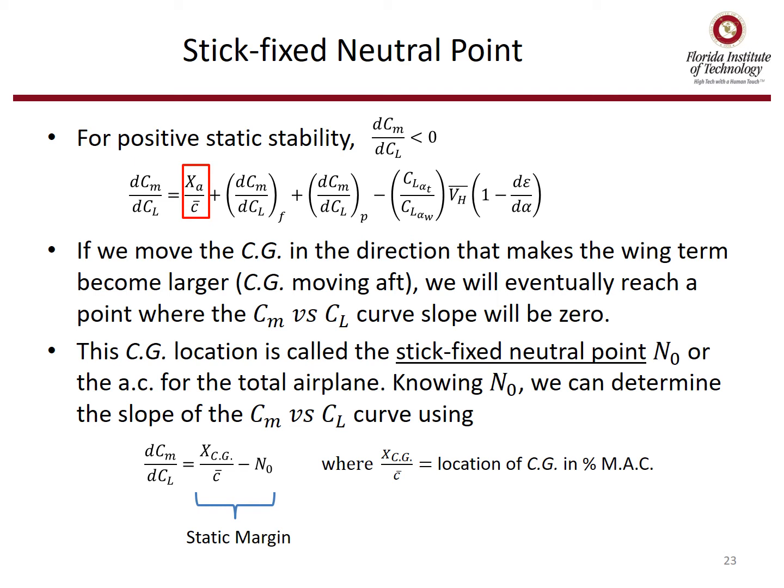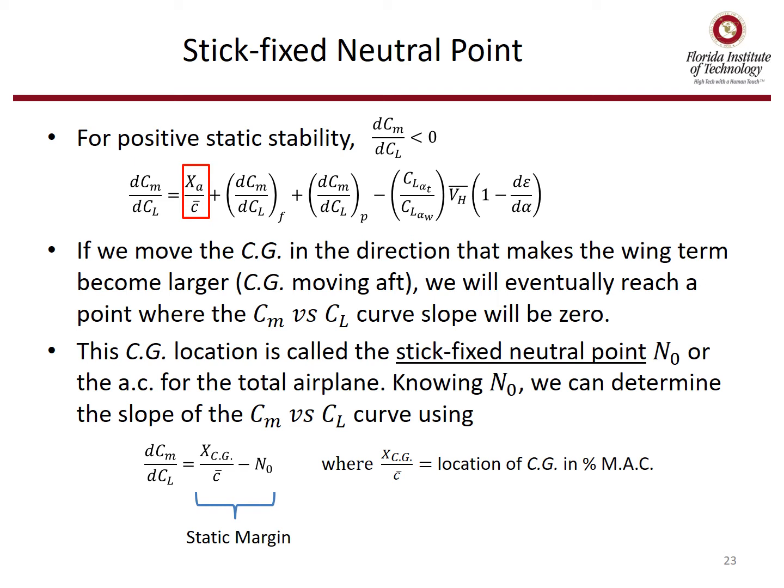contribution. So we said we can move the CG in a number of ways. We can move baggage, we can move weights, we can move fuel, etc. But if we move the CG in a direction that makes the wing contribution become larger, which is effectively moving the CG aft, we will eventually reach a point where dCm/dCl will actually be zero.